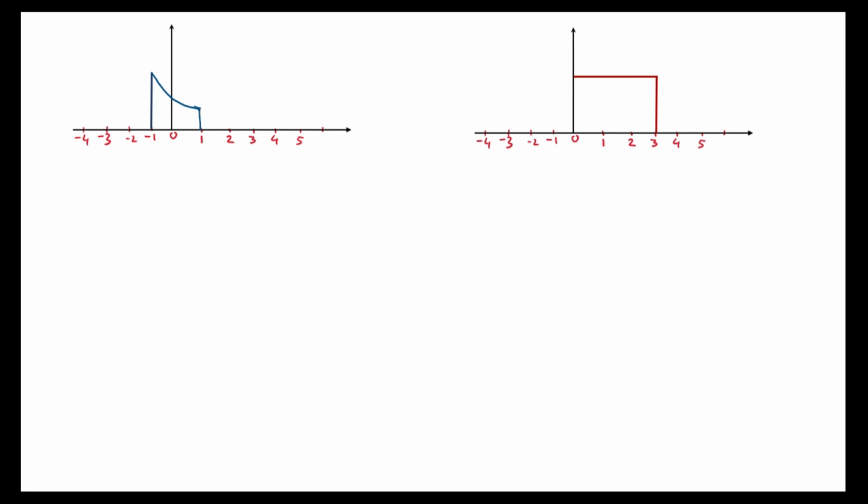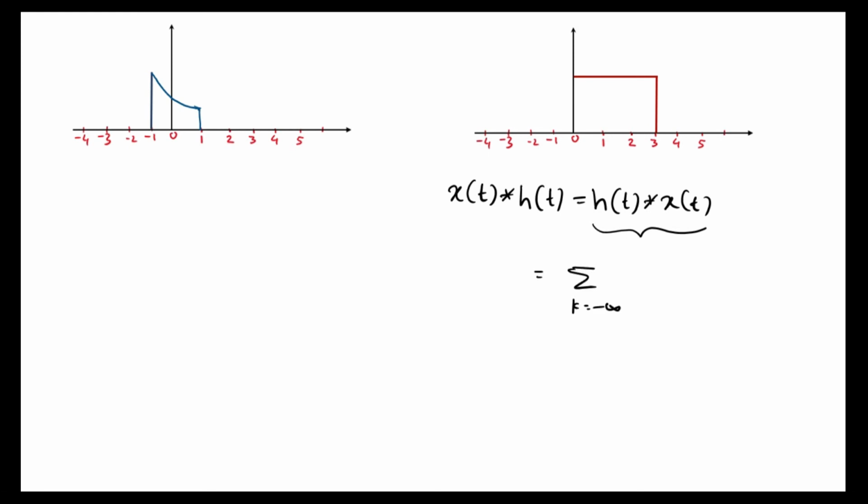We know that convolution between two signals is represented as x of t star h of t, which is also equal to h of t star x of t because of the commutative property. So from this equation I can represent it as the integral over tau from minus infinity to infinity of h of tau x of t minus tau.